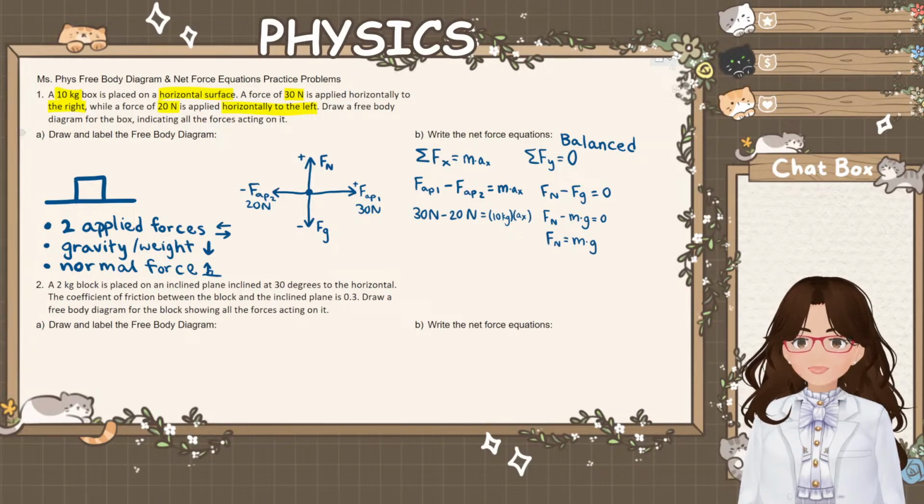And in this case here, I would just need to divide by mass on both sides. So we have 30 minus 20 is going to be 10 newtons divided by 10 kilograms, which means that the box has an acceleration of positive 1 meters per second squared in the horizontal direction.